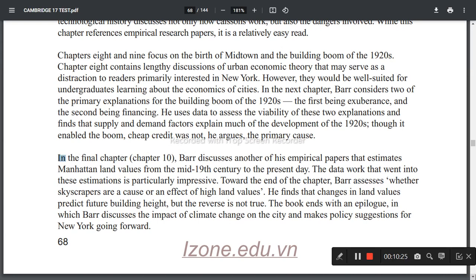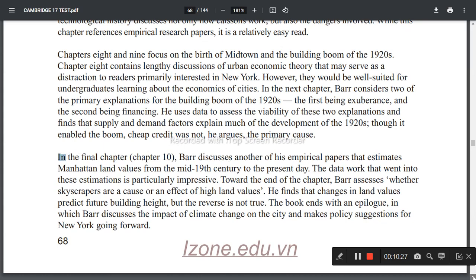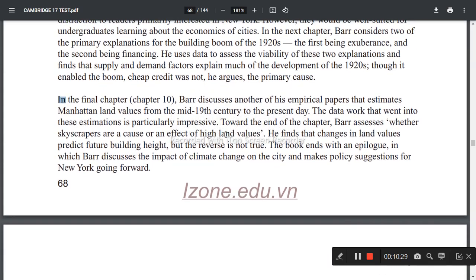In the final chapter, Chapter 10, Barr discusses another of his empirical papers that estimates Manhattan land values from the mid-19th century to the present day. The data work that went into these estimations is particularly impressive.